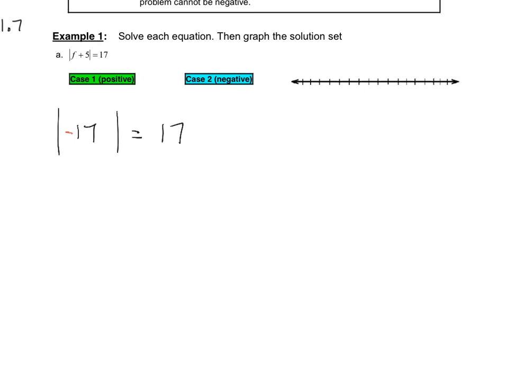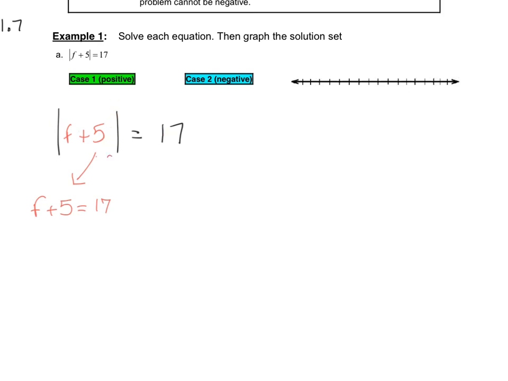That means that you have to set up the inside into two possible scenarios. The first is that your inside absolute value, which happens to be f plus 5, that whole thing equals +17, so that when you take the absolute value of it, you get 17.